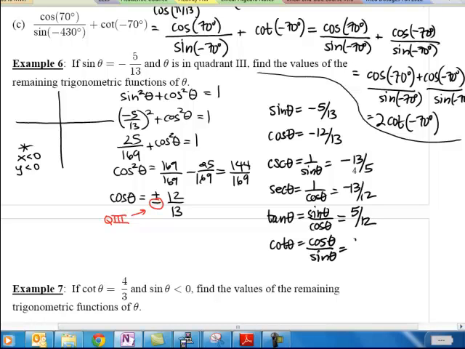Either way, we should get 12 over 5. So starting with the Pythagorean identity to get one more trig function value, and then using the reciprocal identities and the quotient identities to get the rest.